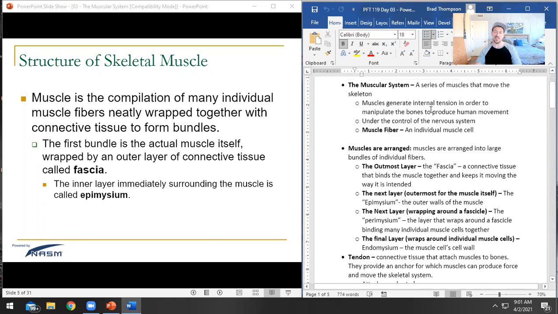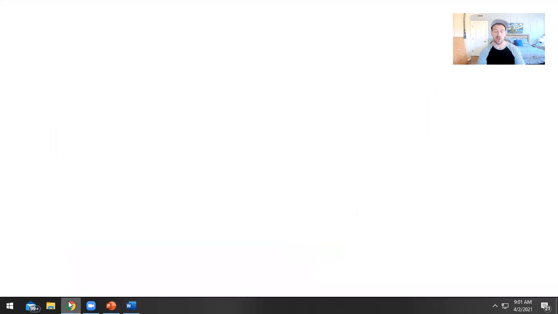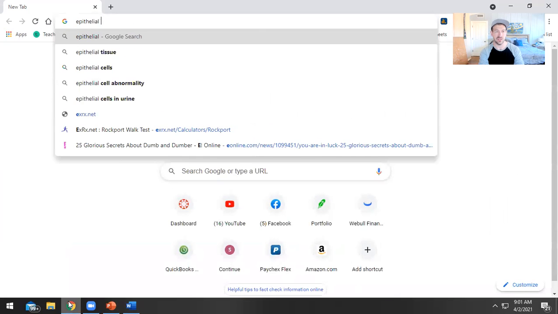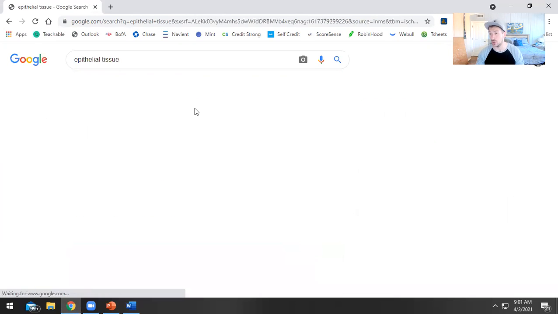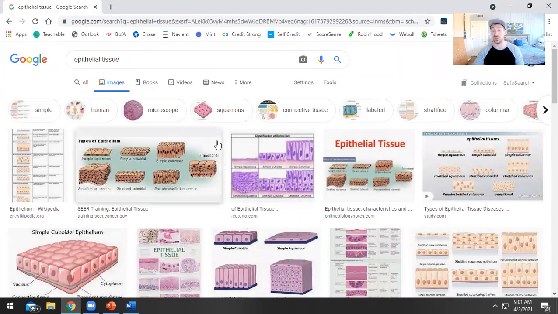But in a lot of tissues, when cells come together, they form a nice even layer. Sometimes we'll call that epithelial tissue, and your skin's a really good example of this.